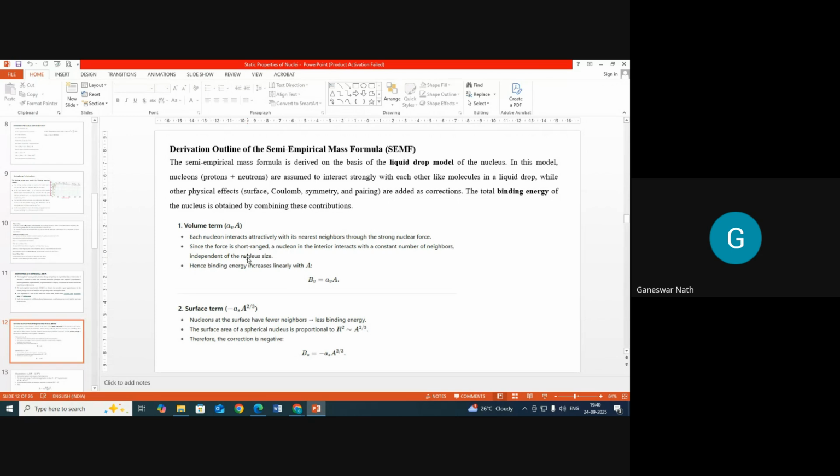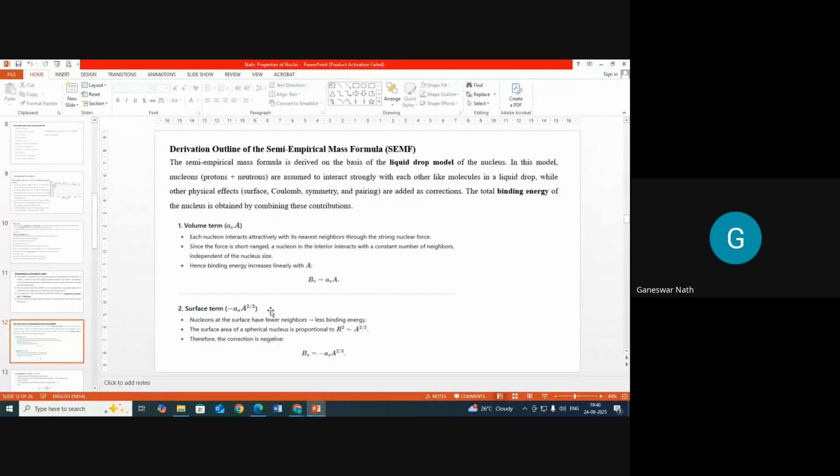Since the force is short ranged, a nucleon in the interior interacts with a constant number of neighbors, because every nucleon may not interact with every other compulsorily. It can only interact with its neighbors, independent of the nuclear size. Hence, binding energy increases linearly with the mass number, and that is why the binding energy due to the volume term is a_V A.